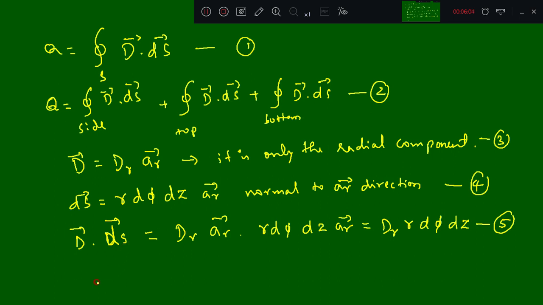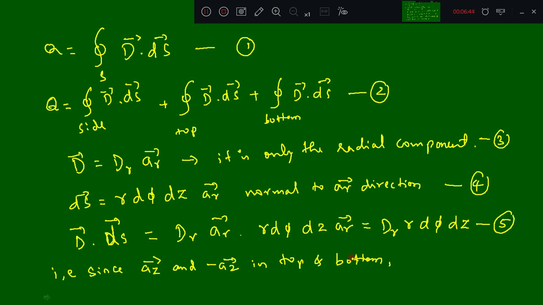Hence the total value of top and bottom will become 0, since aZ and minus aZ appear at top and bottom.